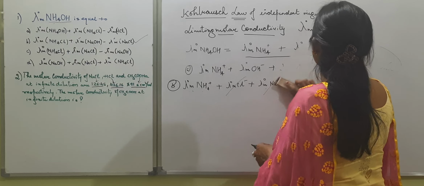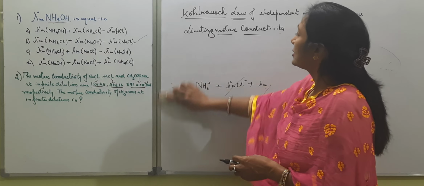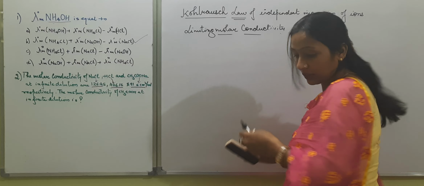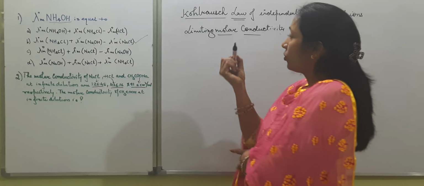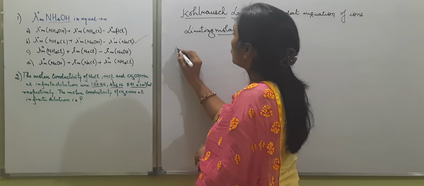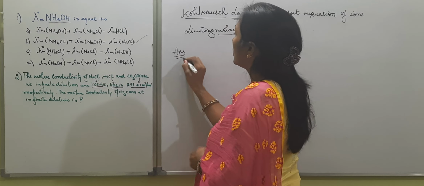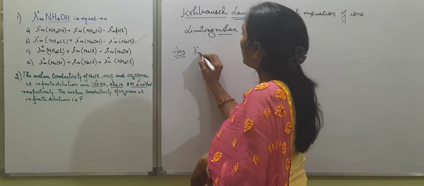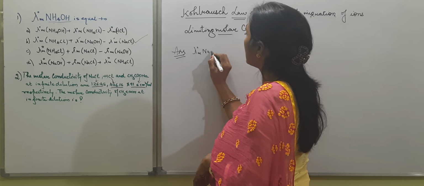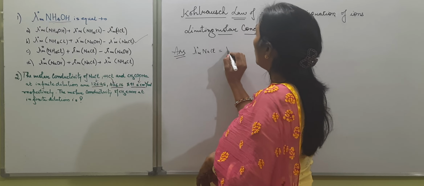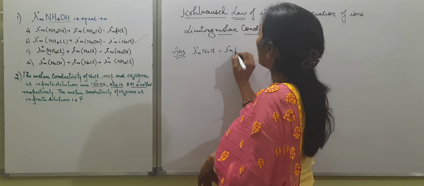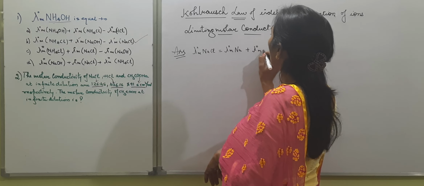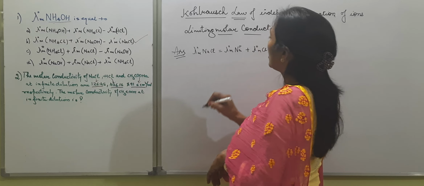For the second question, let's see the solution. The limiting molar conductivity of NaCl is equal to the limiting molar conductivity of Na plus plus the limiting molar conductivity of Cl minus.